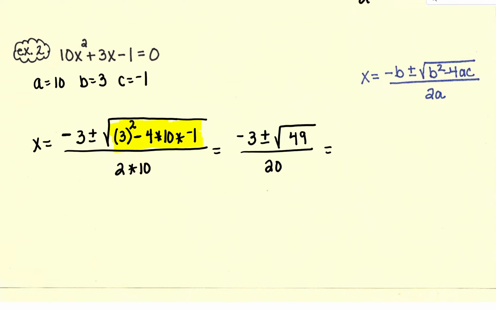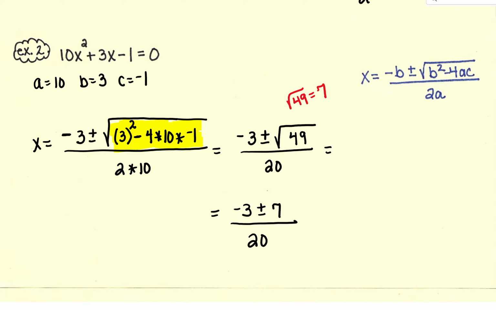Now, this particular time, my discriminant, or that 49, is a perfect square. The square root of 49 is 7. So therefore, we have negative 3 plus or minus 7 over 20.